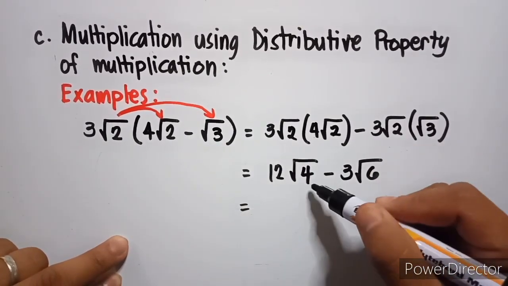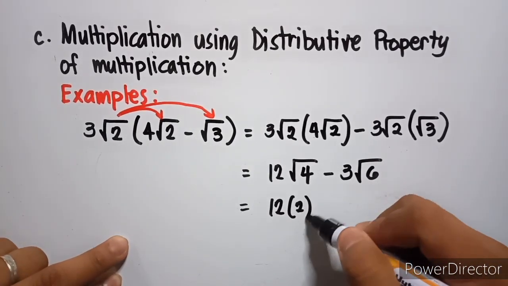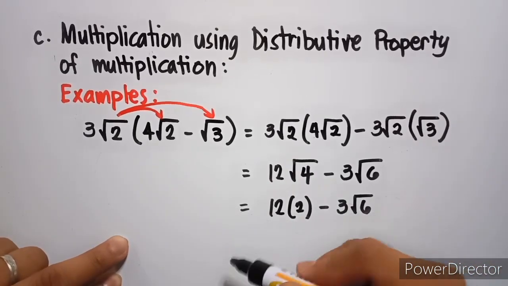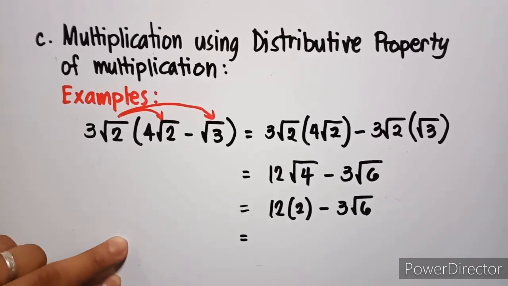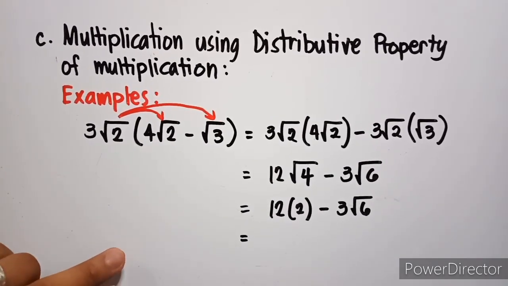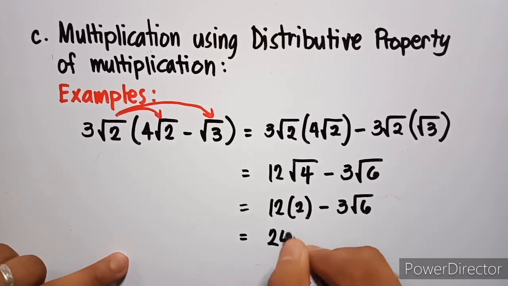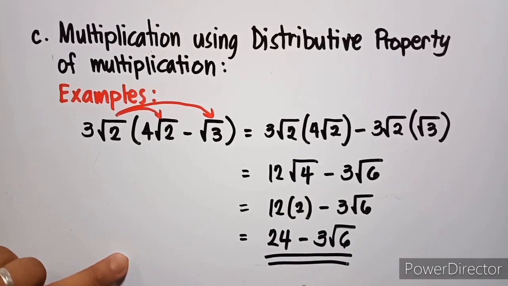So since we have square root, we have 12 times 2 minus 3 square root of 6. So we will have 24 minus 3 square root of 6. And this is already your answer.